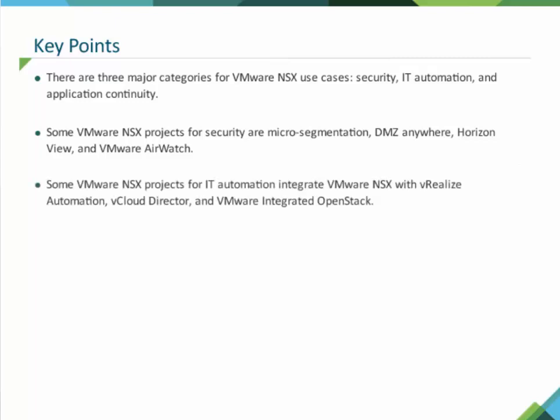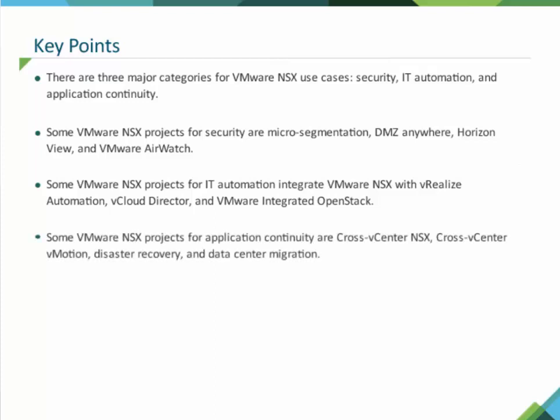Some VMware NSX projects for IT automation integrate VMware NSX with vRealize Automation, vCloud Director, and VMware Integrated OpenStack. Some VMware NSX projects for application continuity are Cross vCenter NSX, Cross vCenter vMotion, Disaster Recovery, and Data Center Migration.